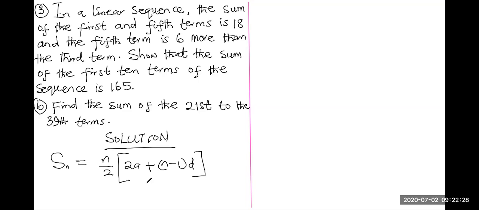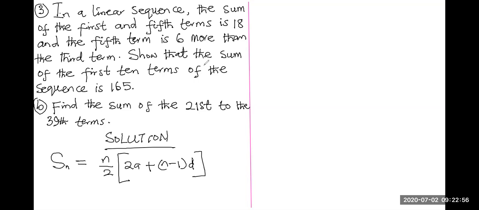So this is the way that we can use common sense, or we can stumble over the solution if we don't know from the onset how to analyze the problem. Since we need a and d, we go back to the question and read it carefully. It says in a linear sequence, the sum of the first and the fifth terms. I must also point your attention to something here. It did not say the sum of the first fifth terms is 18.